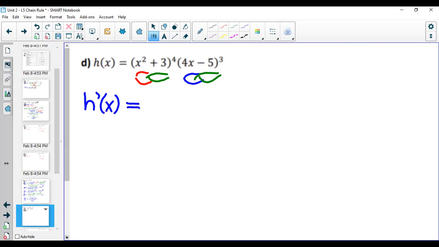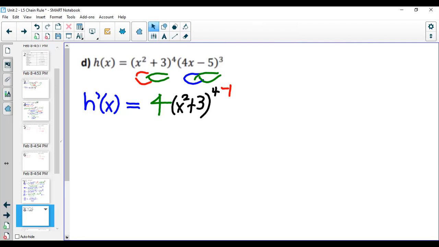So I'm going to say that h prime of x, the outside of x squared plus 3 to the power of 4, I'm going to bring down that 4. It's the x squared plus 3 to the power of 4 minus 1. And I have to multiply that all by the inside function, which is going to be 2x.